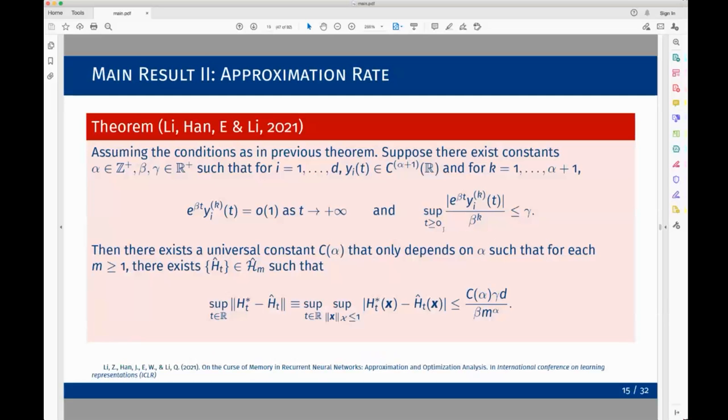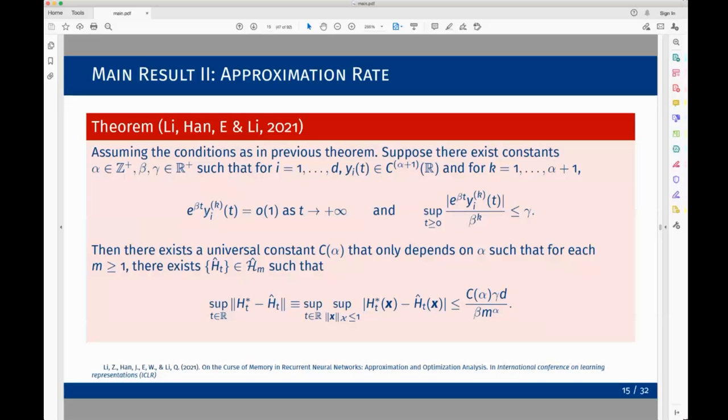Now we give an explicit approximation rate in terms of the smoothness and the memory. Here smoothness is specified very straightforwardly. We just assume y_i(t) has alpha plus 1 derivatives, and in terms of memory, we assume that up to the alpha plus 1 order derivative, y_i^(k)(t) has exponential decay with velocity e to the power of minus beta t.